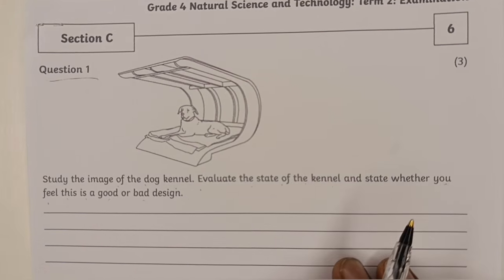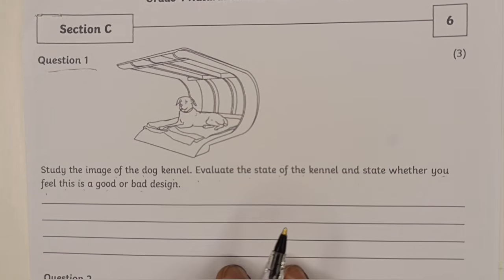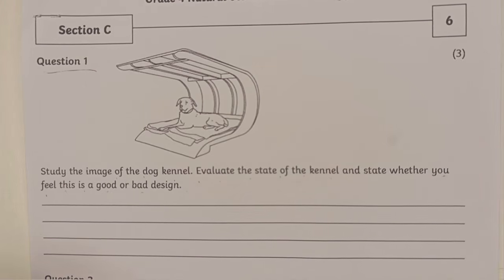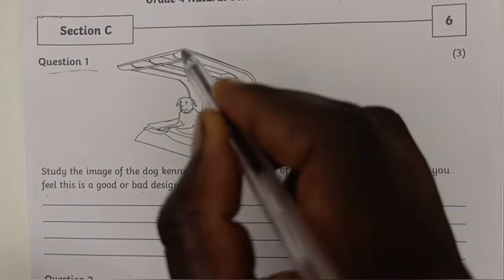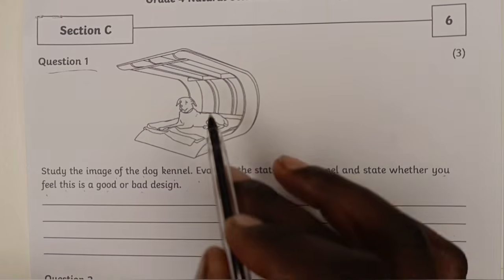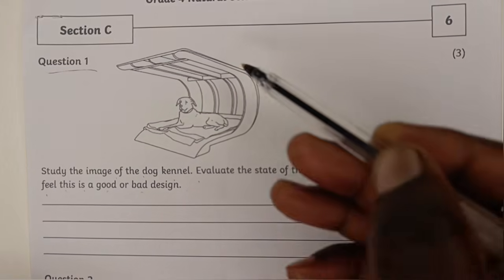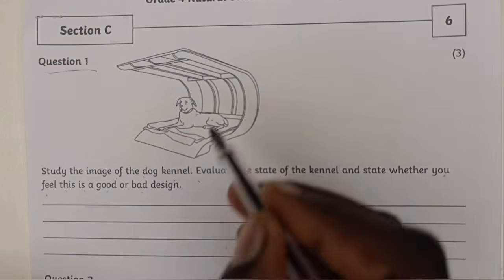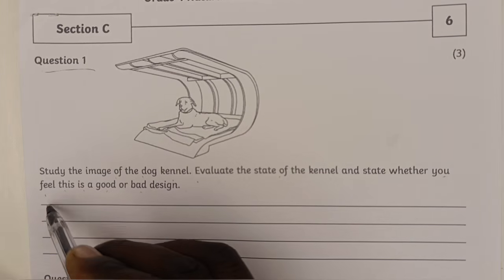All right, so this question is based on your understanding. When you look at this design, what do you think about it? They say it's a dog kennel, meaning that this is a shelter where a dog should live. So I would say this design is bad.